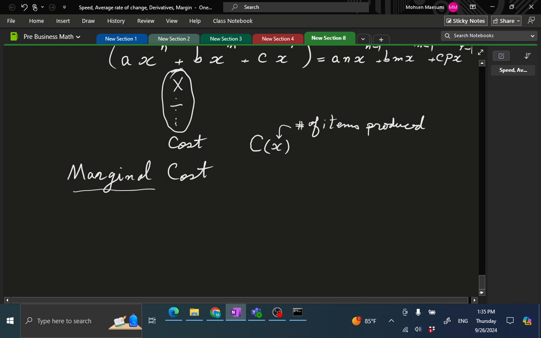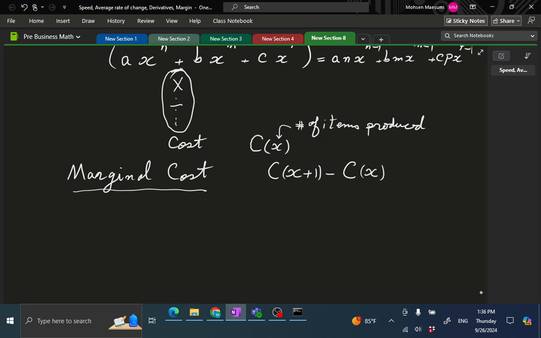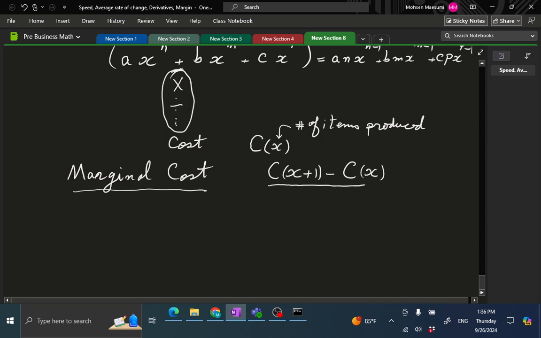Marginal cost is the average rate of change of this, meaning suppose you have production level X and then you go up to production level X plus 1. At the beginning you have some cost. If you go up one more, your cost is going to be a little bit more. That's the change in cost. What is the change in production level?